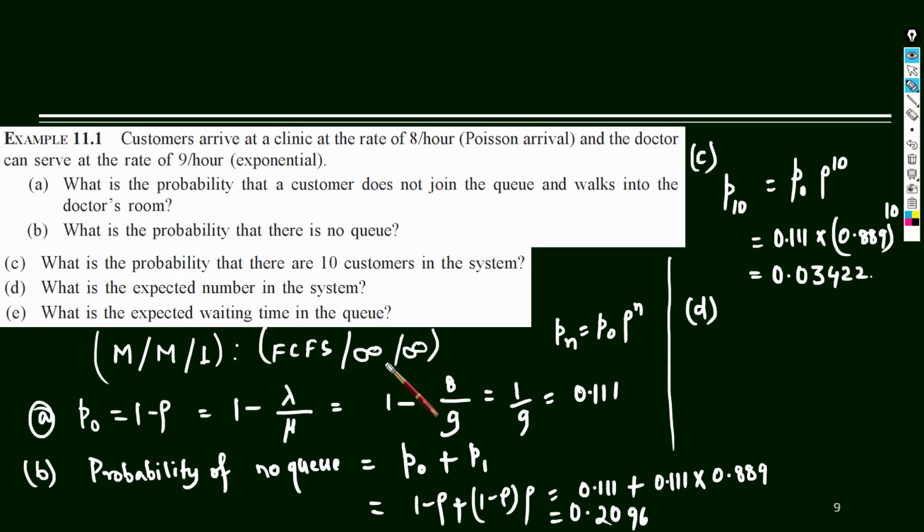D, what is the expected number in the system? That means length of system. We already have the formula, rho divided by 1 minus rho, that is 0.889 divided by 0.111. This is coming around 8. So this is 8.